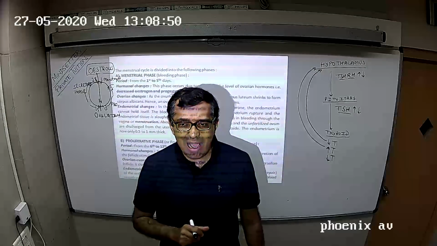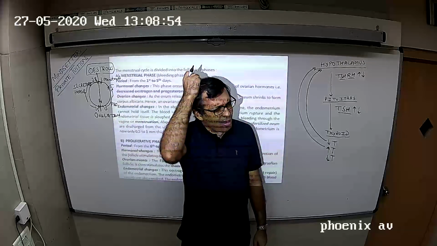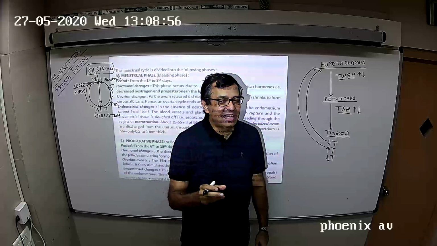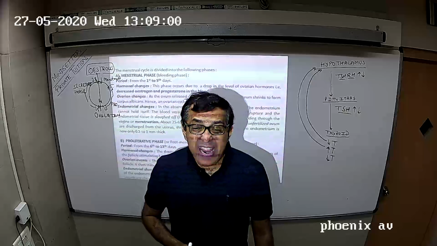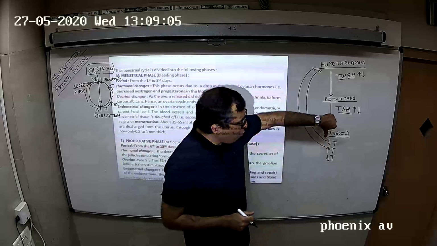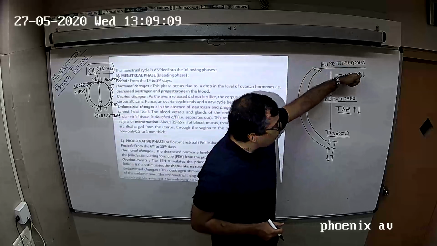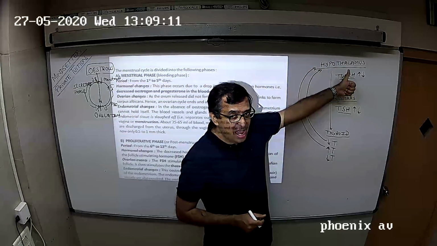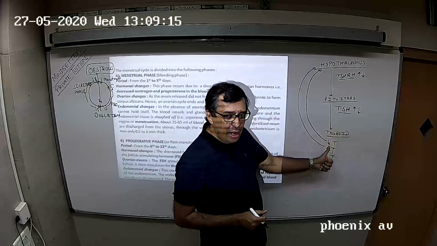So hypothalamus is the great controller, and I hope you have heard of this in school. This is called a feedback mechanism. If thyroxine is less, then hypothalamus will give more TSH-RH, more TSH and more thyroxine.